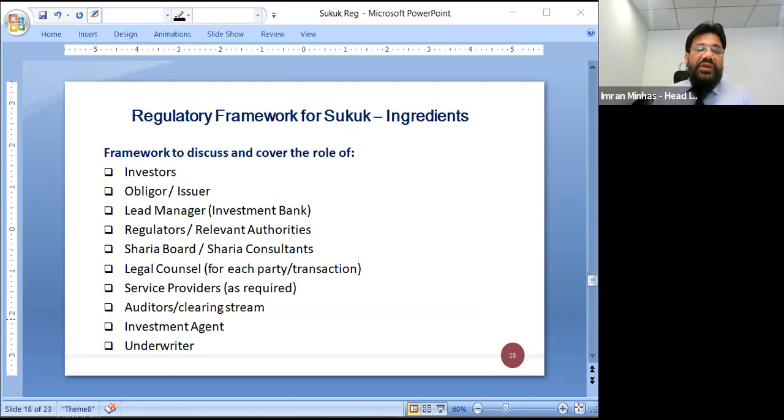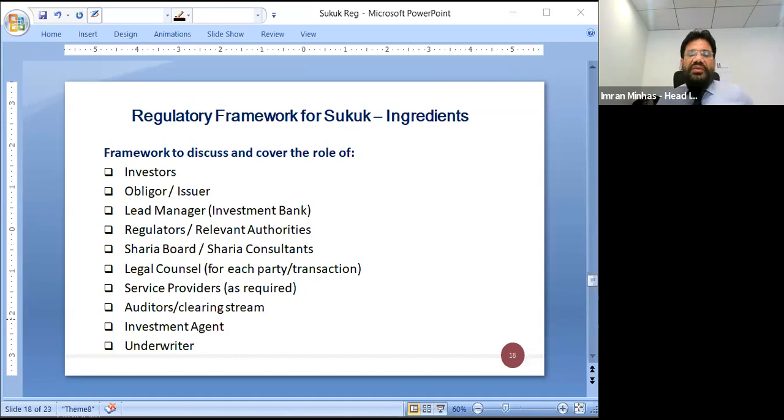So within these frameworks, what do you need to cover? You need to cover the role of the investors, number one. And again, you need to discuss the role of the obligor, the issuer, lead manager, investment bank, maybe any other, maybe a conventional bank, maybe an Islamic bank, maybe an investment bank.